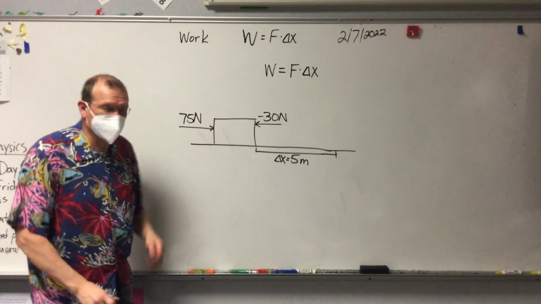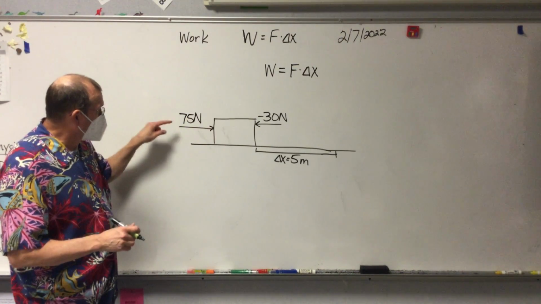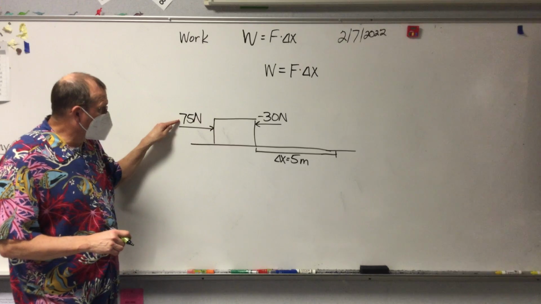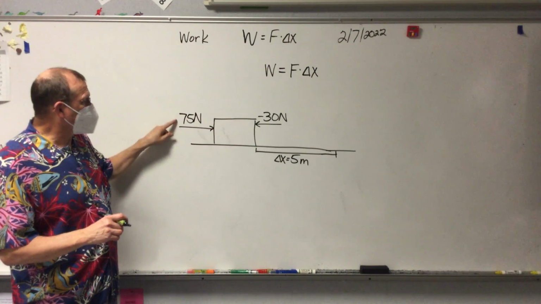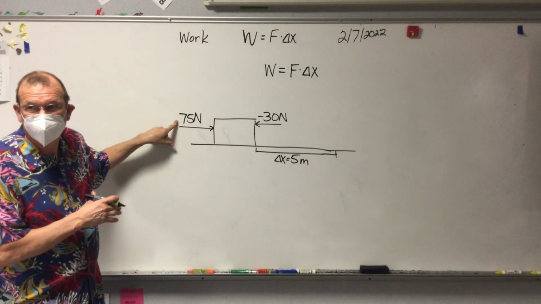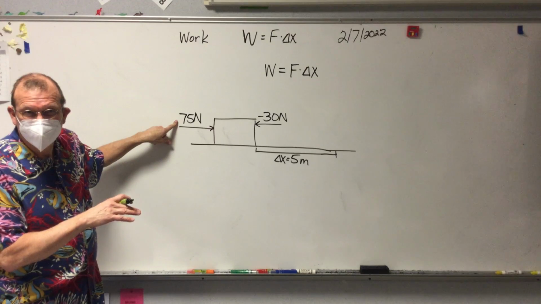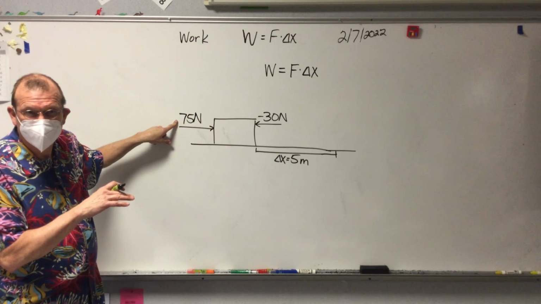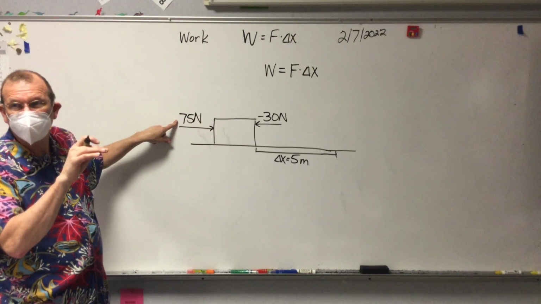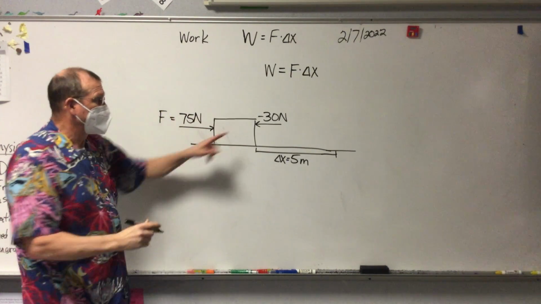Now here is where things can get a little picky. What would I call, because this is newtons, what variable is going to go with this? Just because it's newtons. Ben? It's F. So this is going to be an F.